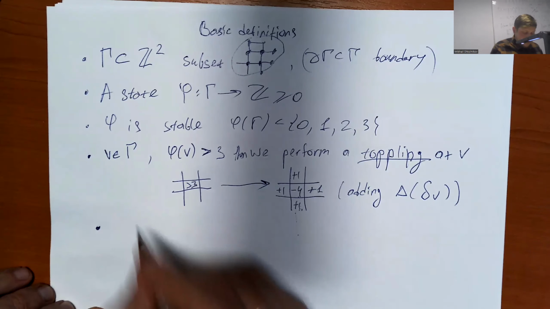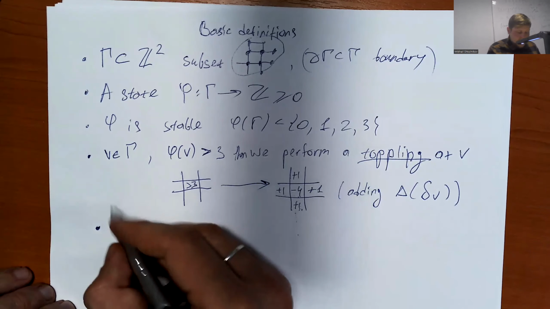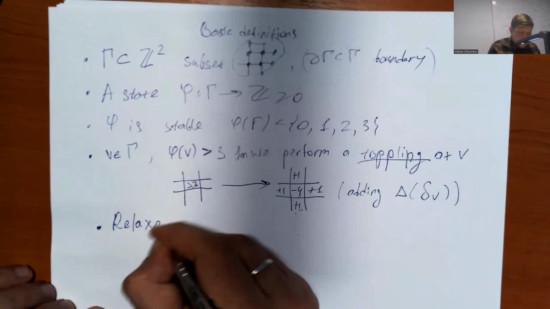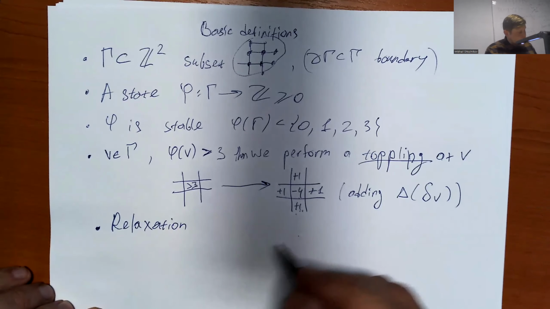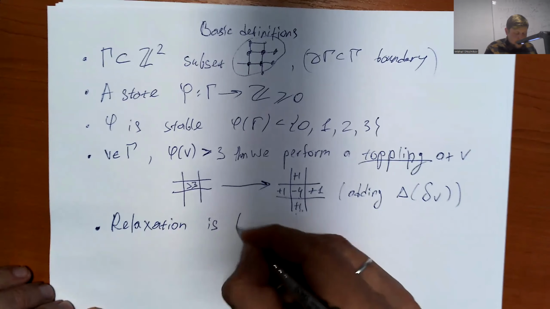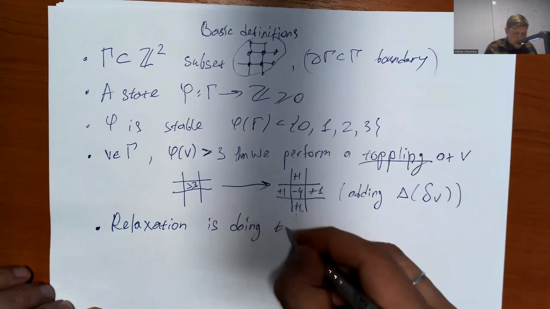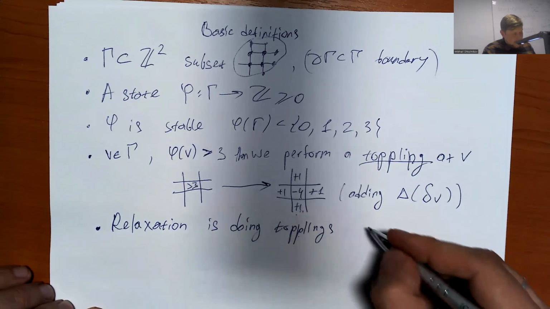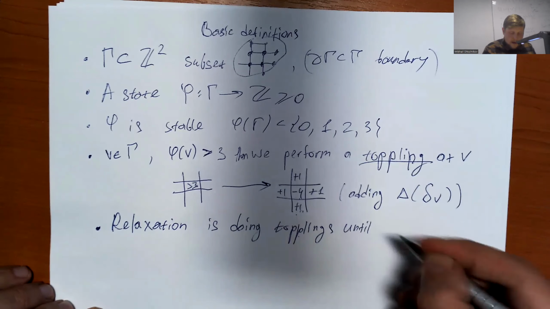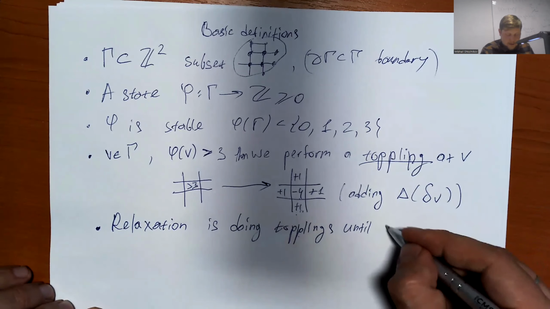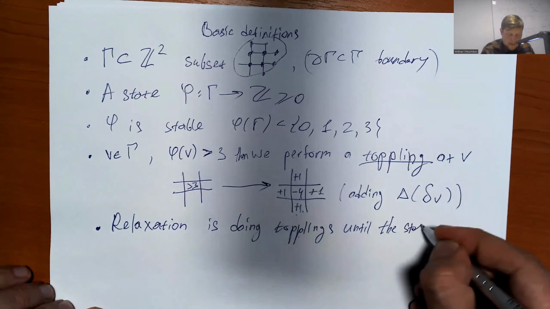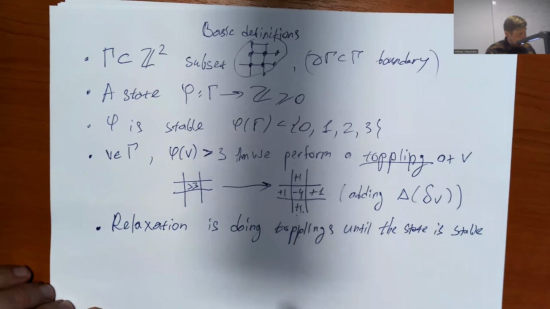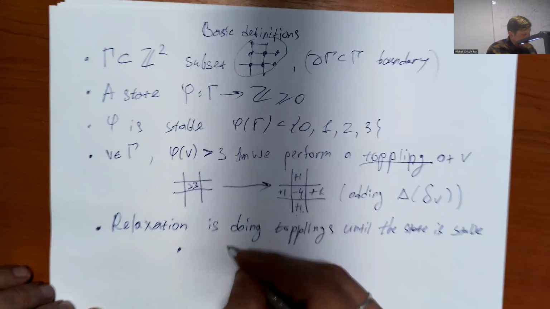So now these topplings integrate to a global procedure, which is called the relaxation. And relaxation is doing topplings until the state becomes stable. So a few facts you should be aware of.